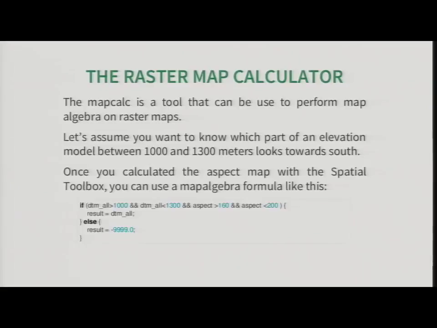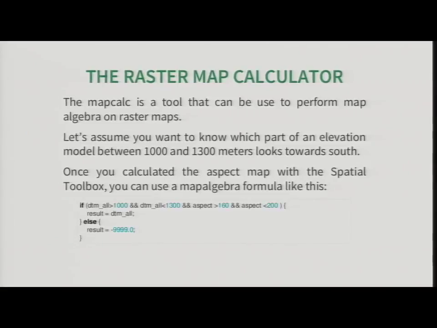Part of the Spatial Toolbox, we have another tool that is called the raster map calculator, or shortly MapCalc. If you're a hydrologist and morphologist, you need a lot of raster processing. It's less shapefiles, it's more raster data. The MapCalc tool is something where you will say, okay, I would like to have my raster data only between 1,000 and 1,300 meters and only those that look south.